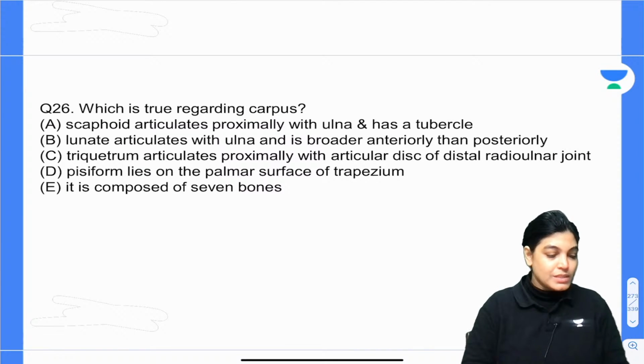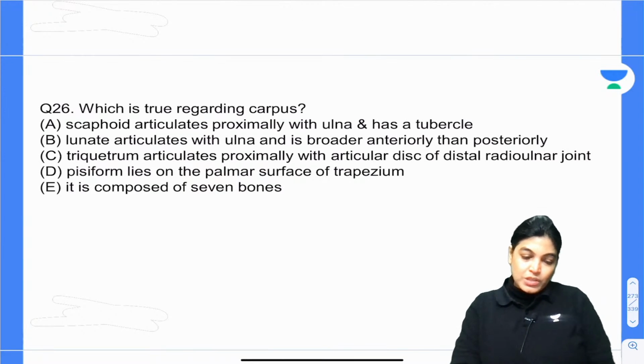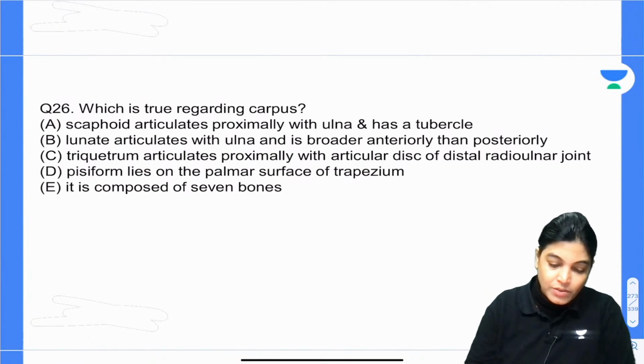So according to you, which is the correct one? Okay, your time starts now.